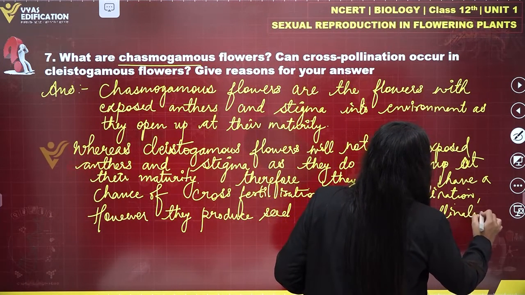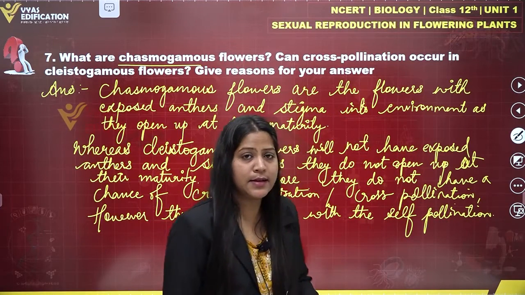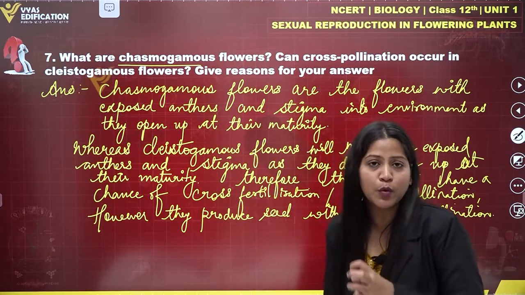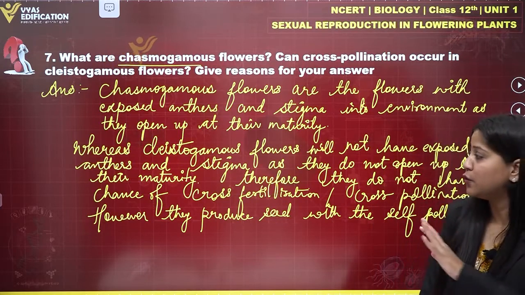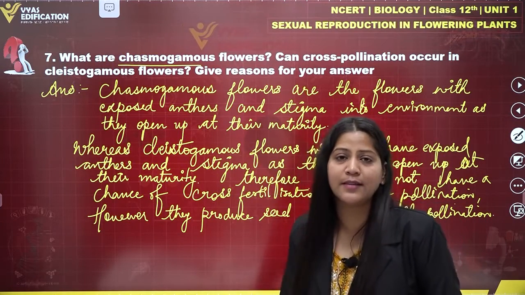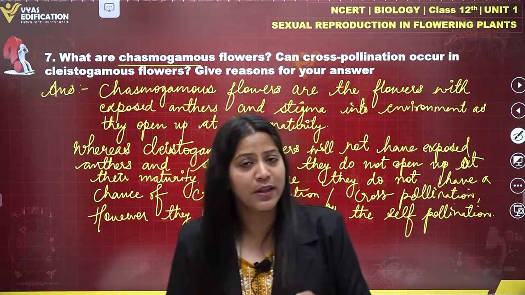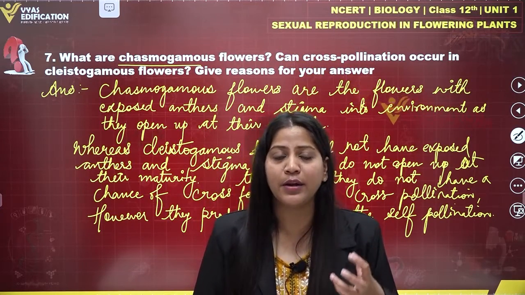They will undergo self-pollination to produce seeds because they do not have exposed anthers and stigma in the environment. So there is no chance of cross-fertilization or pollination in them, and they will produce seed with the help of self-pollination.